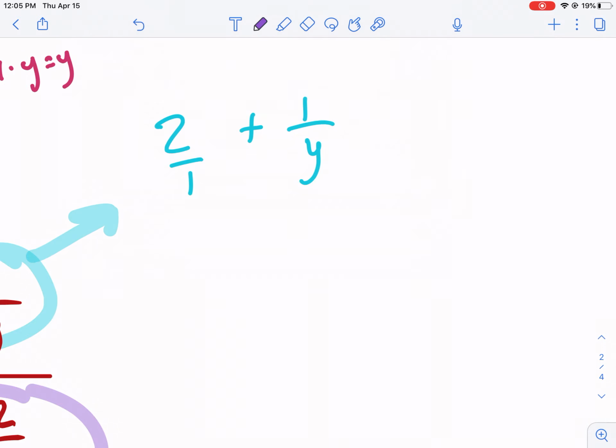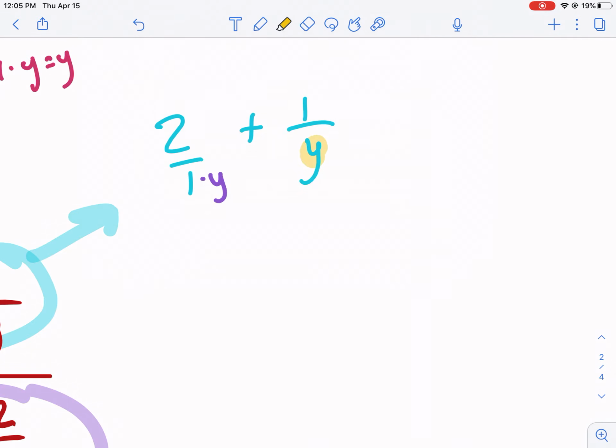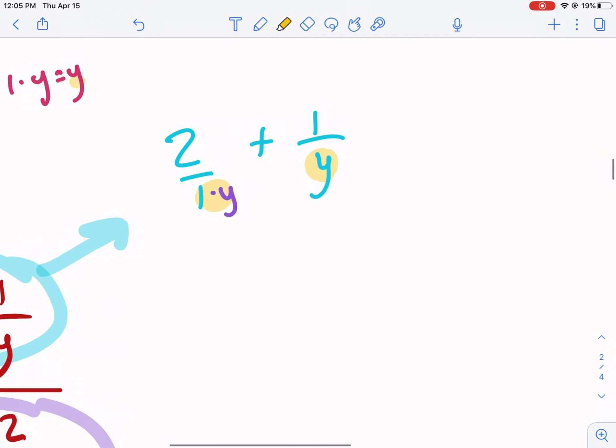I want both of these denominators to be y. This one's already y, so it's good to go, but the one on the left is not. So I need to multiply the denominator by y, and since I can't change the value, I also need to multiply the numerator. This becomes 2y over y plus 1 over y.